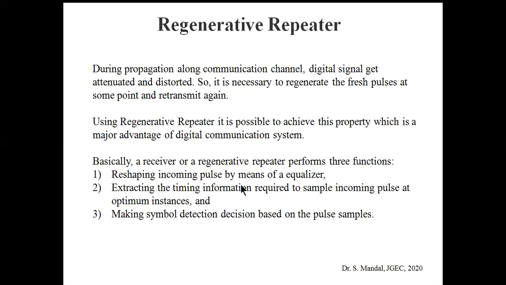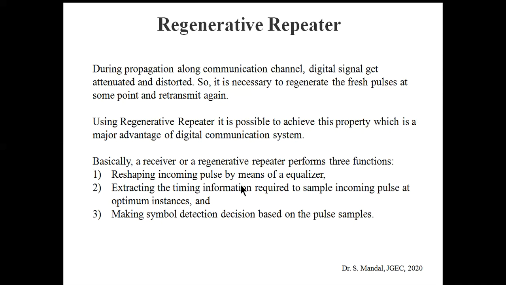Now coming to the very important topic, that is the regenerative repeater. What is the function of a regenerative repeater? Whenever we send a digital signal through a communication channel, the digital signal gets attenuated and distorted due to several kinds of noise and attenuation from propagation through the channel.